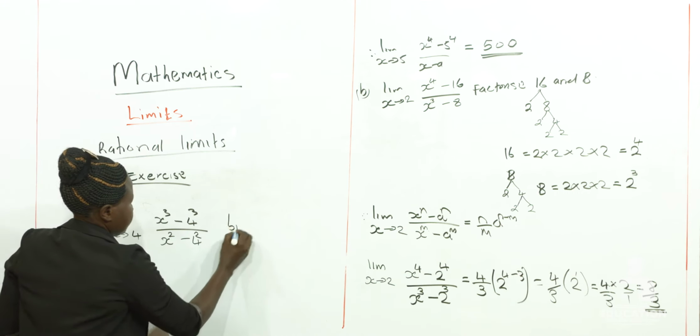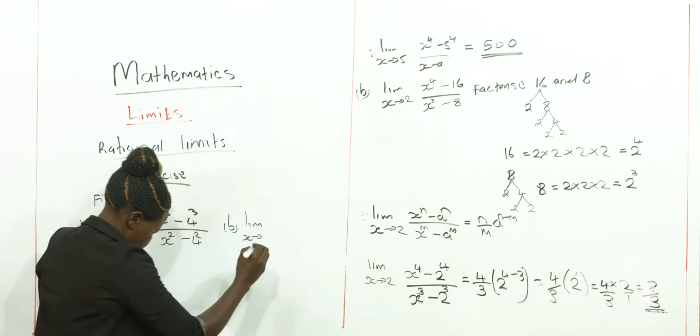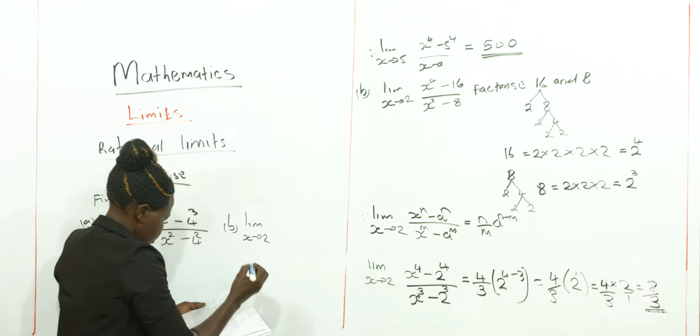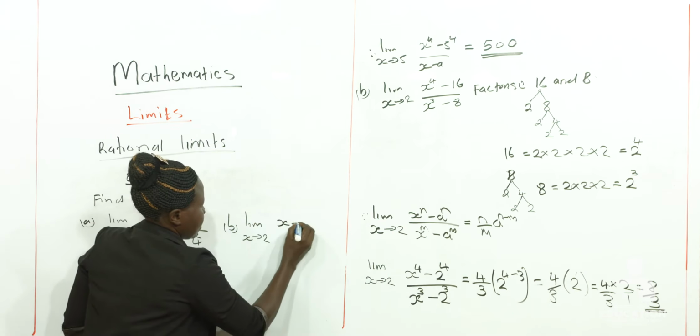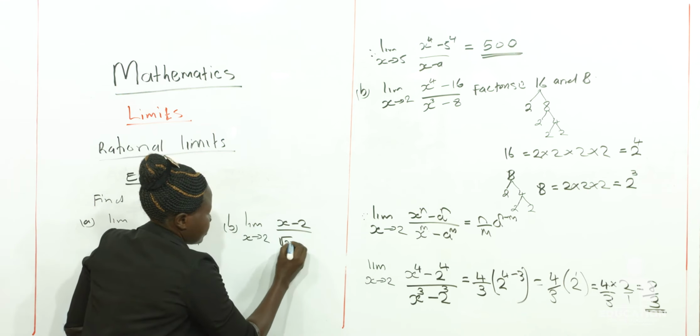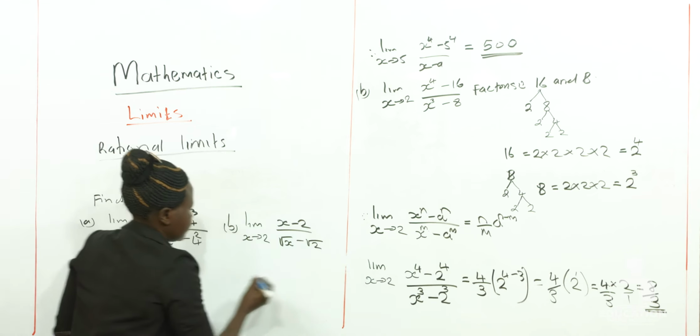Then part b, we have the limit as x approaches 2 of x minus 2 over the root of x minus the root of 2.